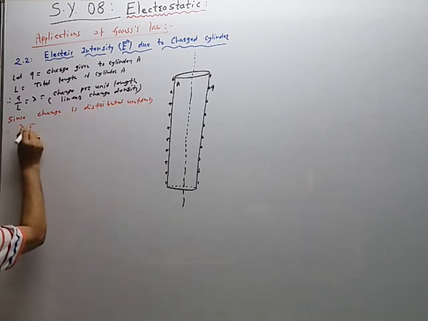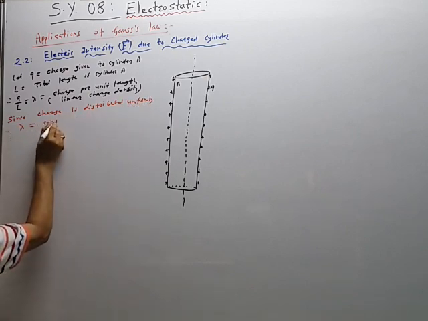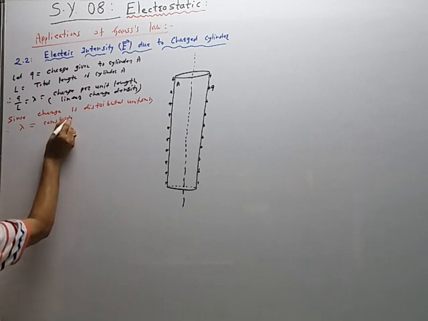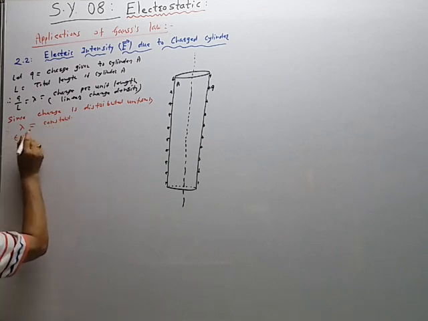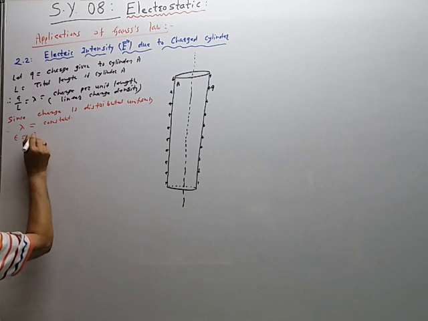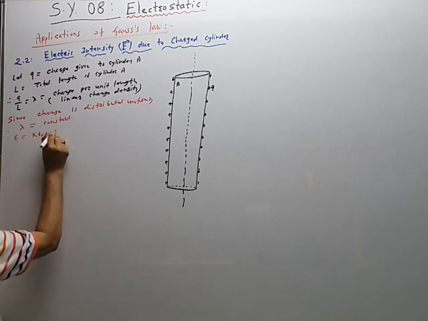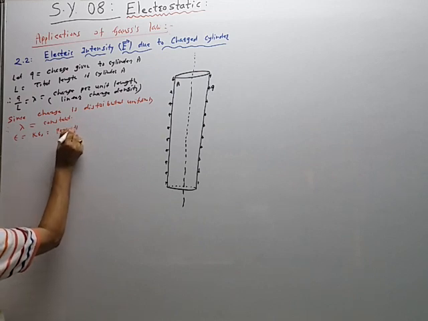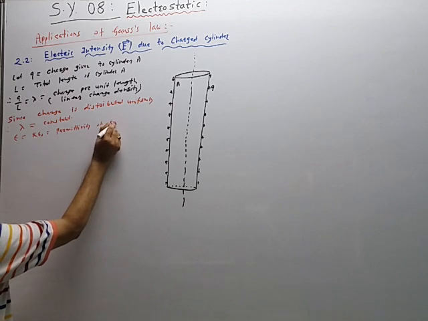Therefore, lambda is constant. Epsilon is equal to K epsilon naught, the permittivity of the surrounding medium.